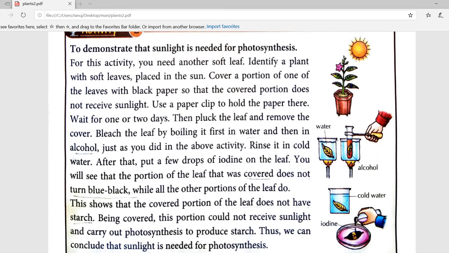The food prepared by a plant is also used to repair damaged cells of the plant.